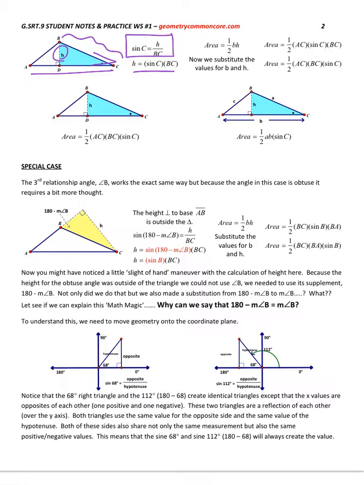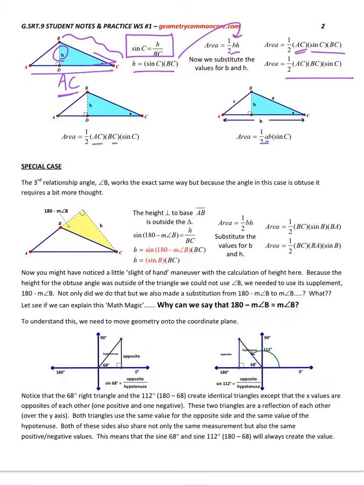The base is AC, and so substituting in for H, we have sine C times BC, and then times the base, which is AC, so b is AC. Then through some reversing of multiplication using the commutative property of multiplication, and using the substitution of letters opposite the corresponding sides, you get half of a times b times sine of angle C, which again are the two sides and the included angle.